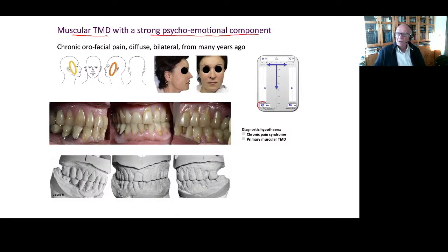The opening is 38. It is a little bit insufficient, with pain during the opening movement. We have pain, temporal masticatory pain.